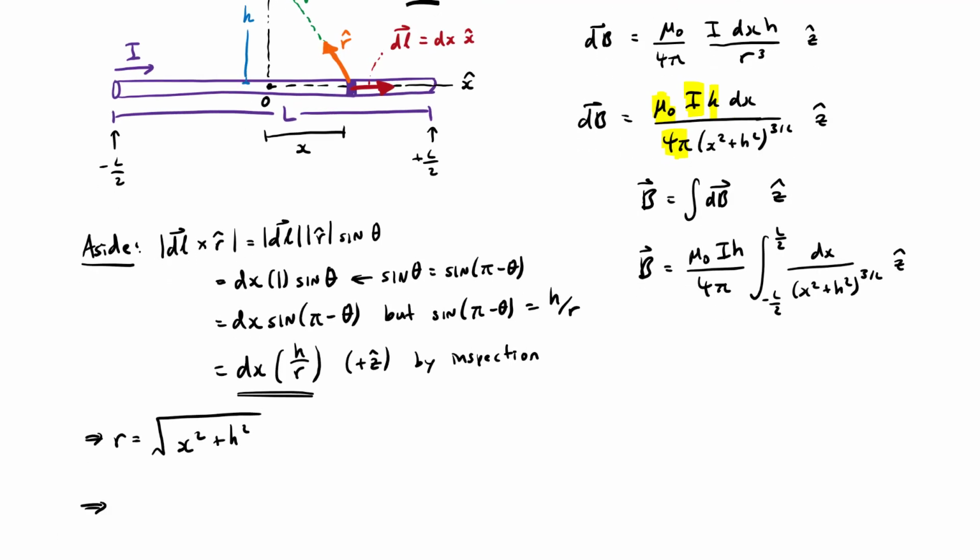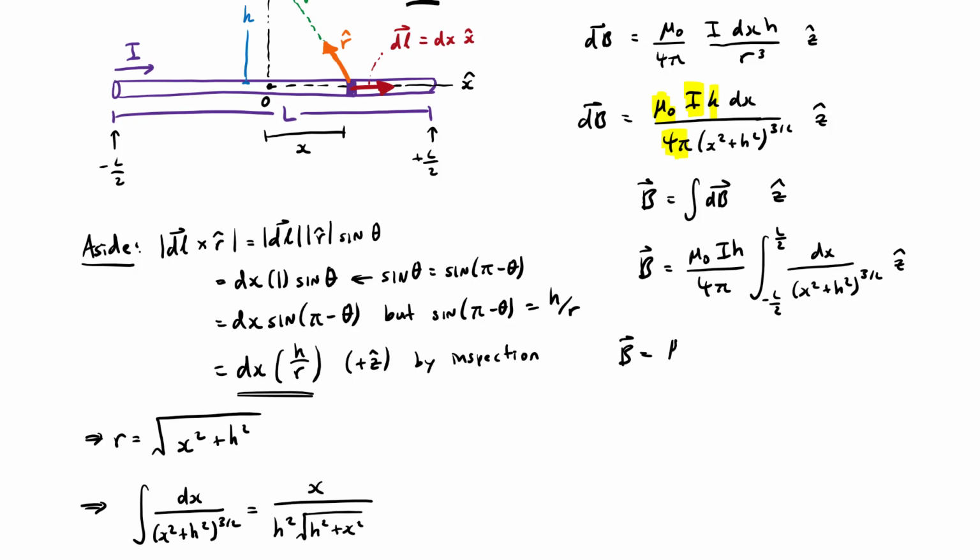But one of the things is that we can use a known identity. We know that the integral of dx over x squared plus h squared to the power of 3 over 2 can be written as x over h squared times the square root of h squared plus x squared. So why don't we go ahead and replace that.